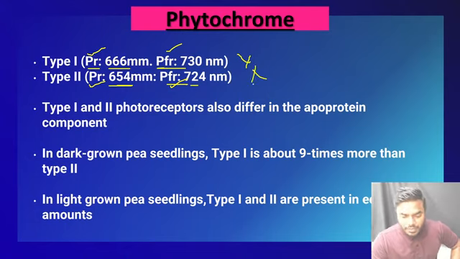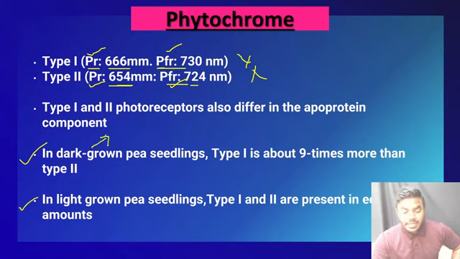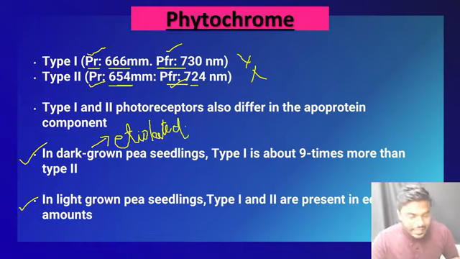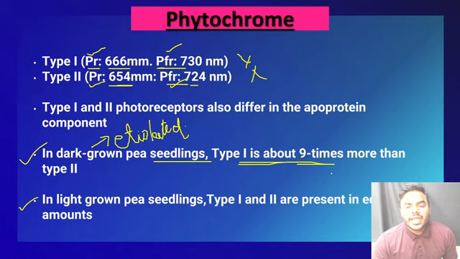What you have to remember for the exam, which we can expect in the statements, already asked in part C questions: in dark grown pea seedlings, sometimes instead of dark grown they will use the word etiolated pea seedlings. In dark grown or etiolated pea seedlings, type 1 is about 9 times more than type 2. Don't forget the statement.